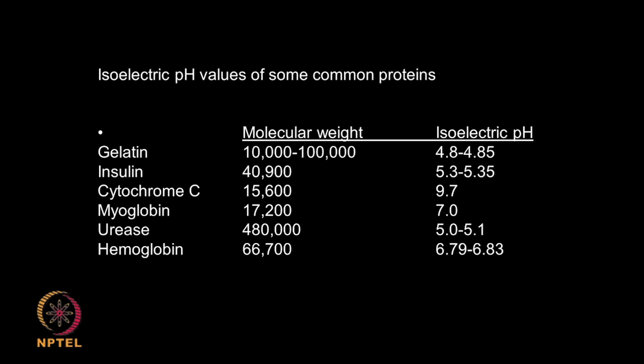So, these are some of the disadvantages. For example, if you take a gelatin of molecular weight, this is the isoelectric pH 4.885. In insulin 5.3 to 5.3, cytochrome C 9.7, myoglobin 7, urease 5 to 5.1, hemoglobin 6.9. So, you see they are quite distinct in their isoelectric pH. So, separations are possible here.